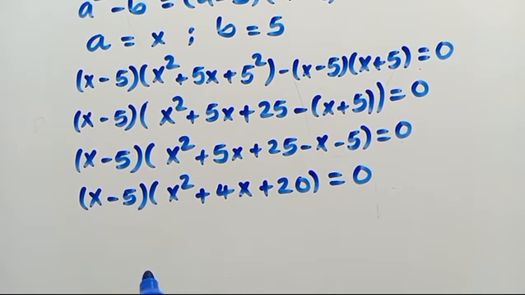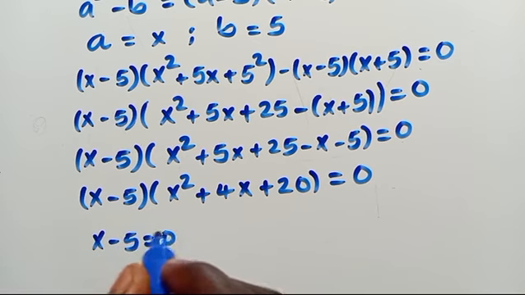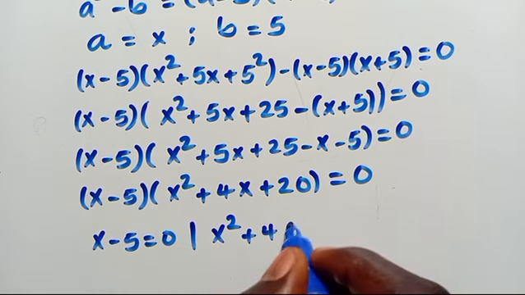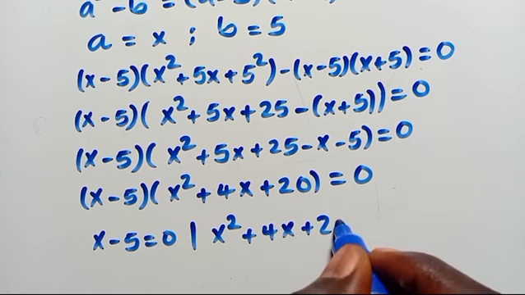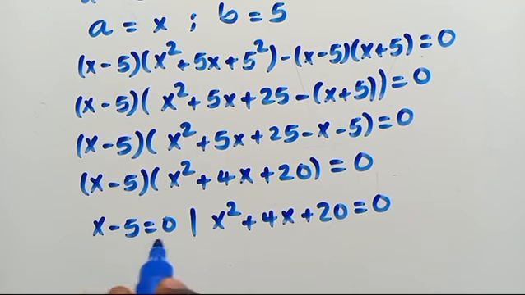So from here it is clear that either we have x minus 5 equals 0, or we have x squared plus 4x plus 20 equals 0. And from this side we have x equals 5.